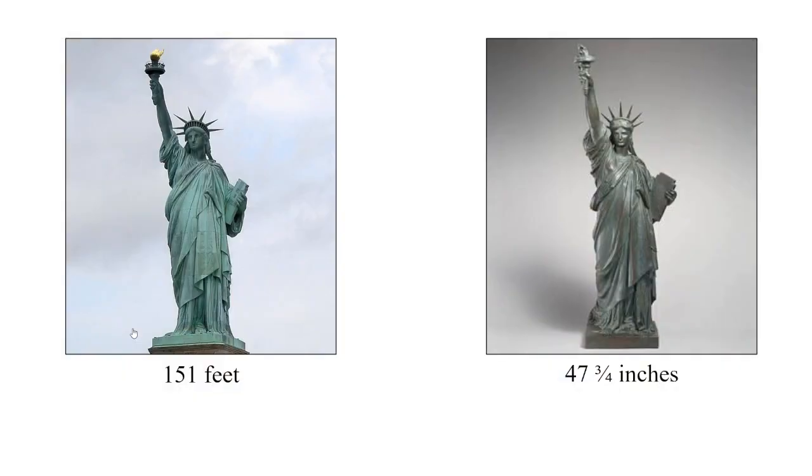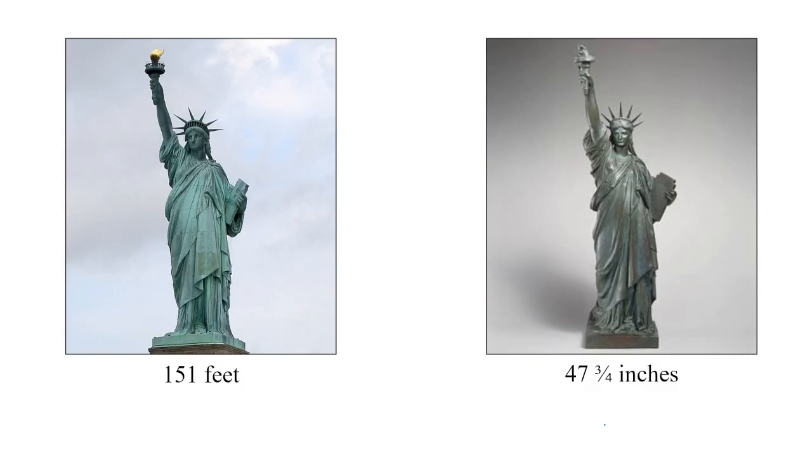Now, I'm going to begin the lesson like this. Let's say that in your home, you have a 47 3/4 inch tall scale model of the Statue of Liberty. Well, the model looks exactly like the original 151-foot statue.